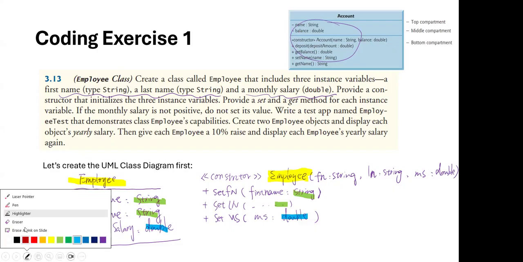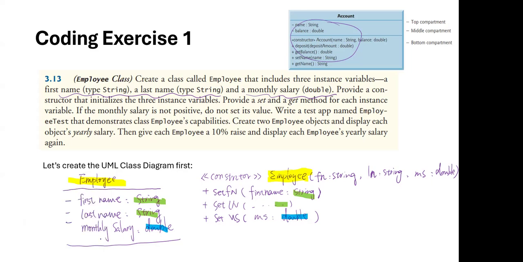Except for that, we still have to include the getter method. For the get method, if we are going to get something from the program, that means we don't provide anything, right? However, we should have something back.